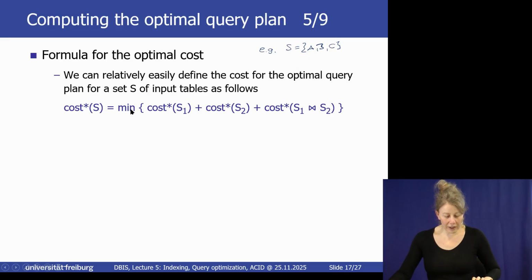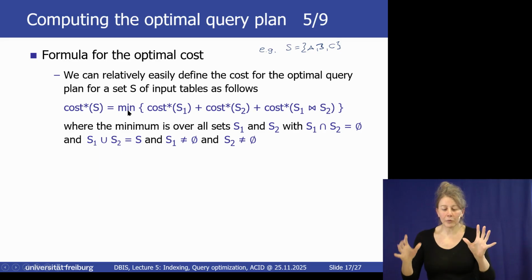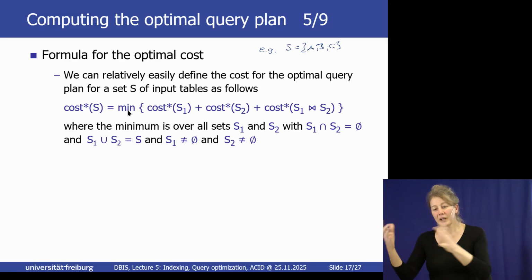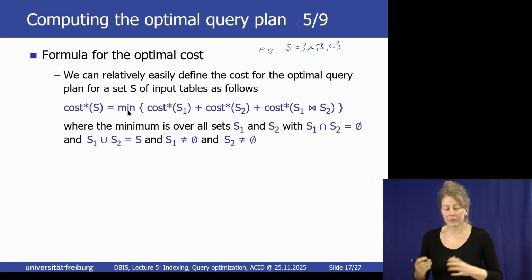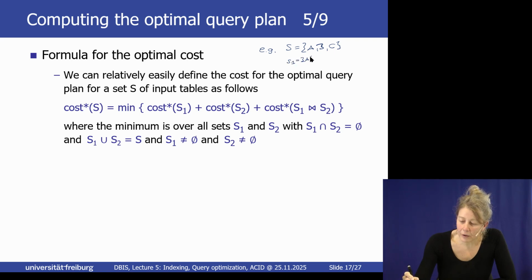Let's just look at it, and something is missing here. I'm taking all possible ways to split A, B, and C in 2 sets, because the last thing will be a join, right? So, for example, I could do S1 is A, and S2 is B and C. That would be one way to split it up.